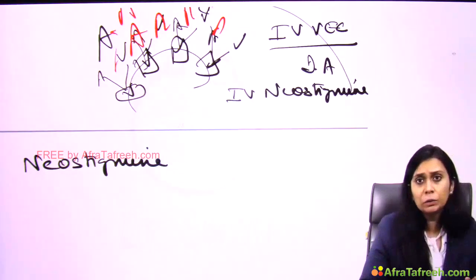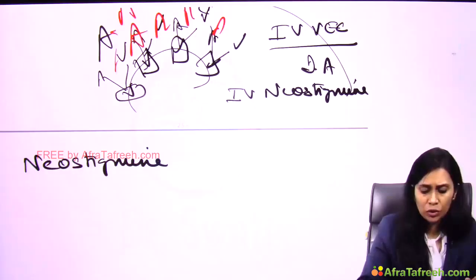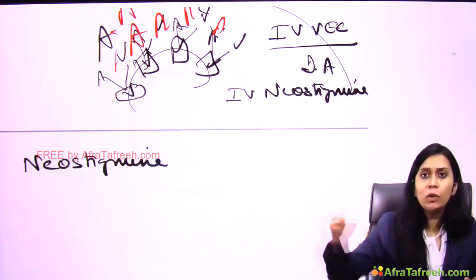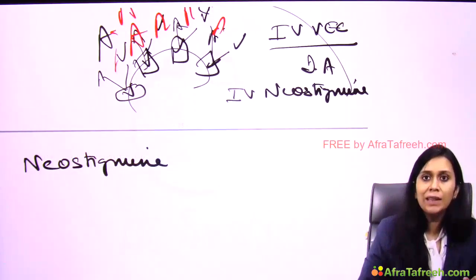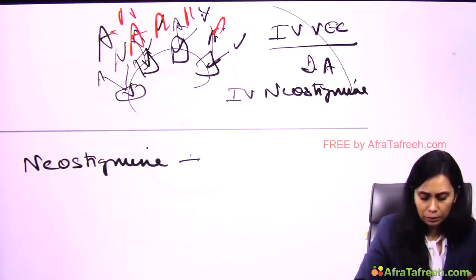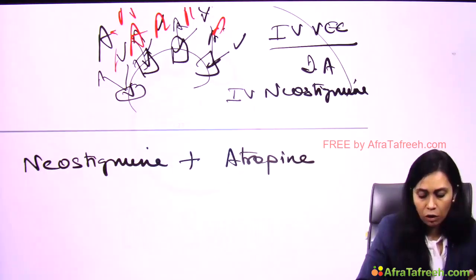I cannot give it alone because it will increase the quantity of acetylcholine near the neuromuscular junction. It will also increase the quantity of acetylcholine near cardiac muscarinic receptors. So it will be accompanied with muscarinic side effects like bradycardia. So we give neostigmine mixed with atropine or glycopyrrolate.